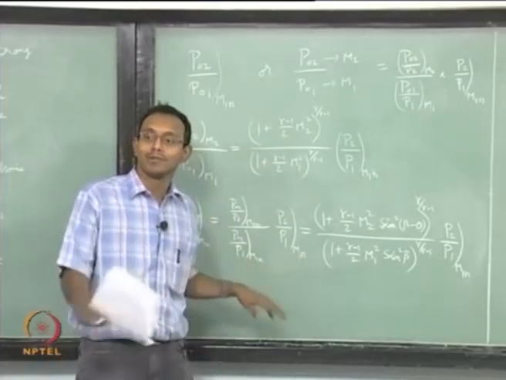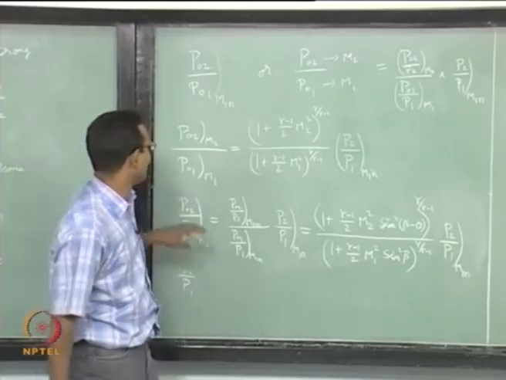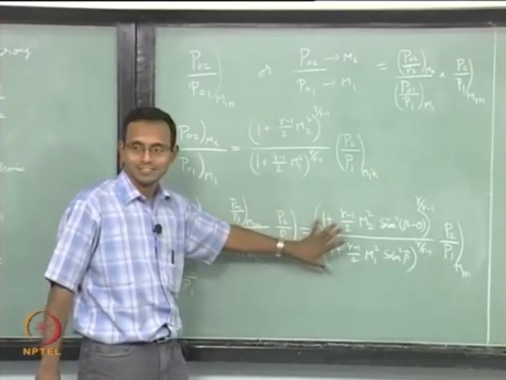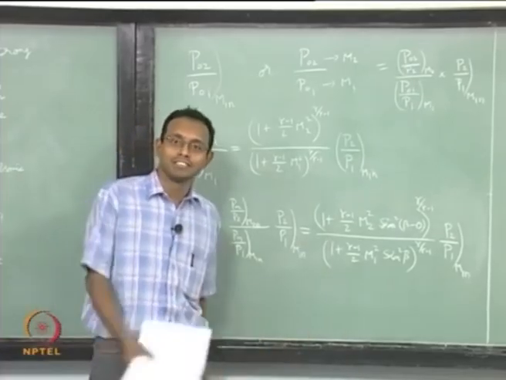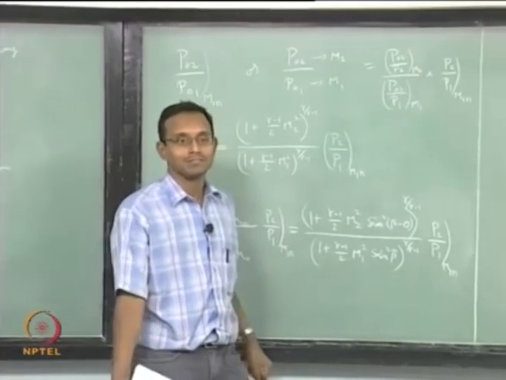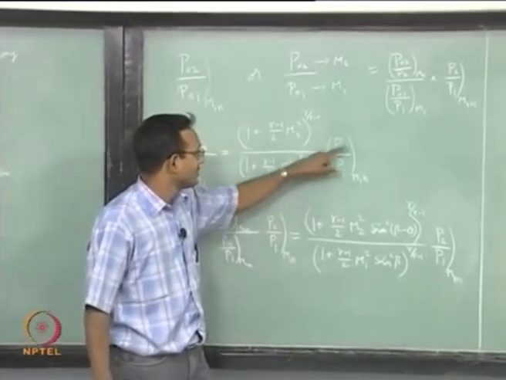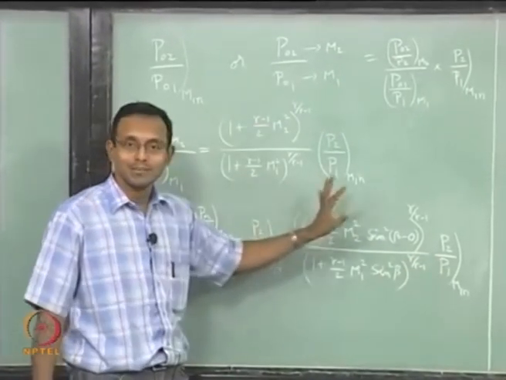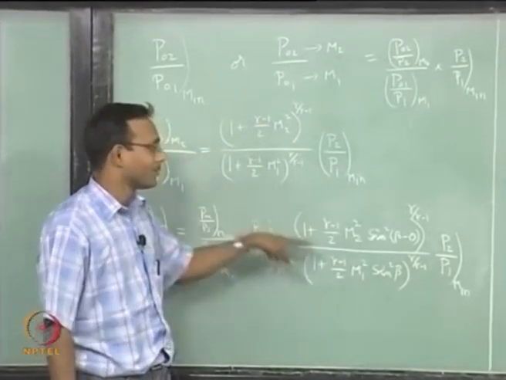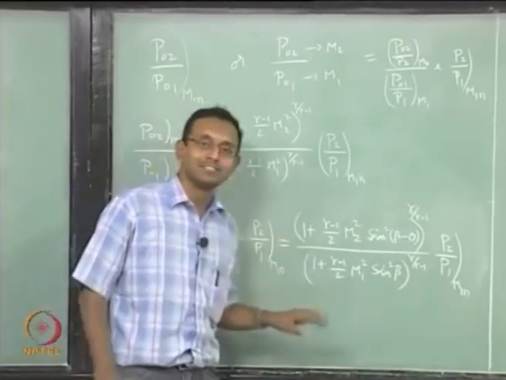If you want, you can go prove to yourself that this is equal to this, or if you want a simpler way to do it, take the ratio of this divided by this and prove that this is equal to 1. It can be proved, it is just a very lengthy procedure. Actually, it is not very difficult. If I just take the ratio, this directly gets cancelled, everything has it to the power of gamma by gamma minus 1, I will remove it, and the remaining thing must be equal to 1. I have to prove that. Not very difficult, but it is very lengthy.